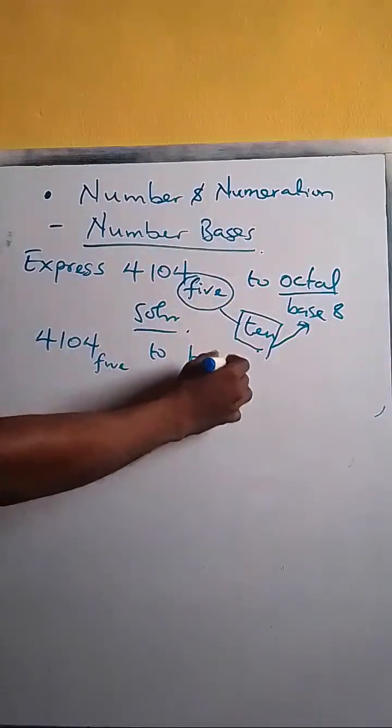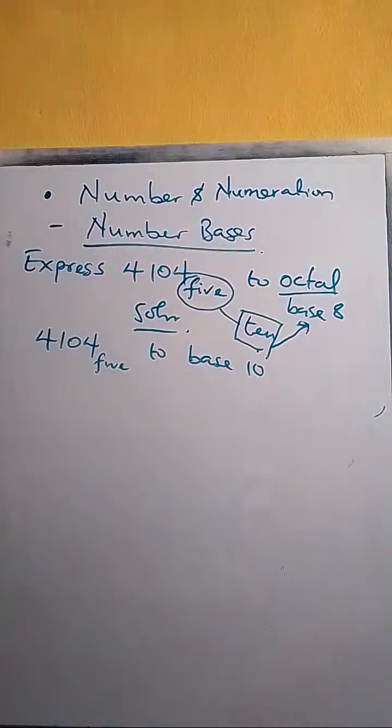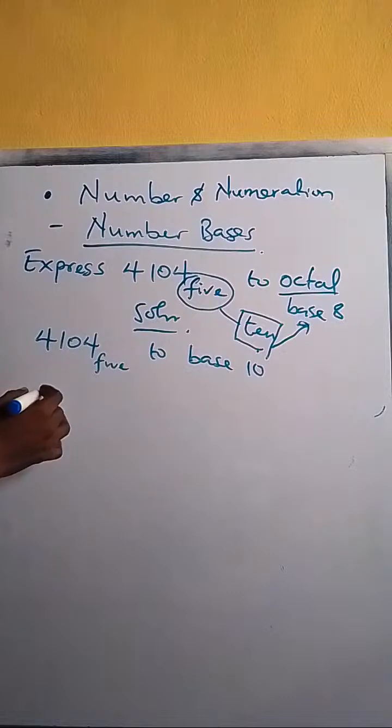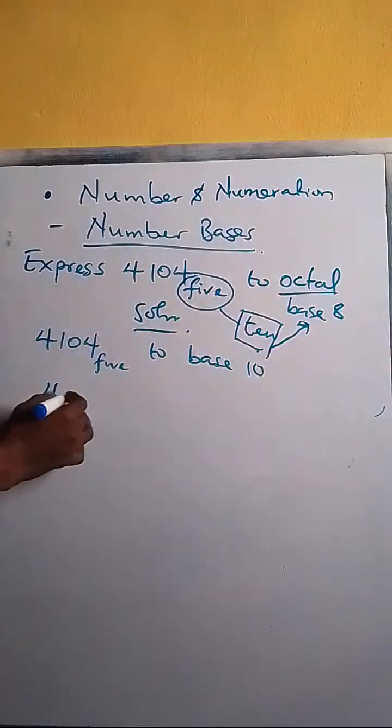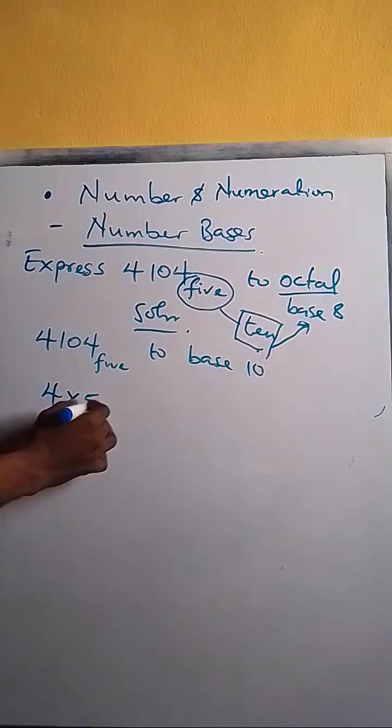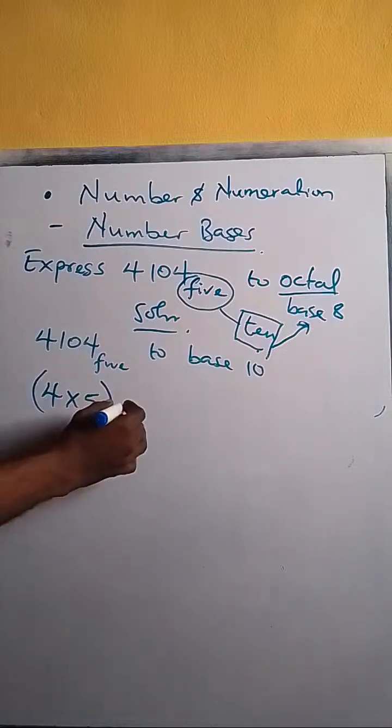to base 10. Now, how do we change from any base to base 10? Once you can do this, then you can do any one. So changing from any base to base 10, you simply follow this format. You expand each of these numbers with a base. So we have 4 times 5, then put it in bracket.